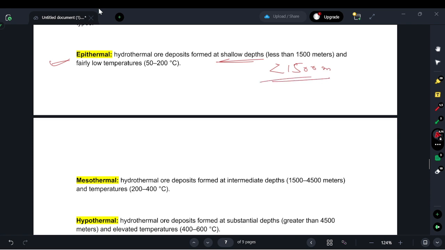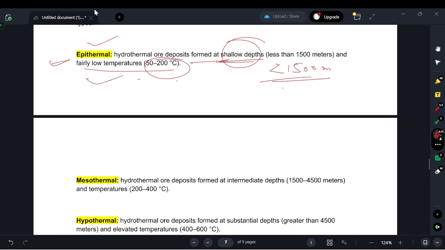Its temperature should also be low, ranging from 50 to 200 degrees Celsius. So what is epithermal deposit? It is those hydrothermal ore deposits which form at shallow depth, less than 1500 meters, and fairly low temperature, that is 50 to 200 degrees Celsius.